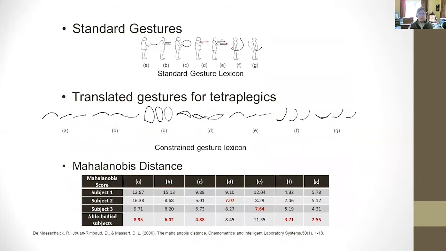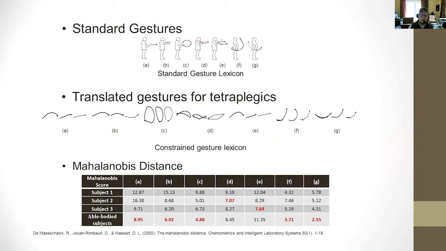So, for instance, we have a top row, we have standard gestures, A through G, typical gestures, lexicon, and then we have the translated gestures for tetraplegics due to spinal cord injury. As you can see, the lines are more curved for tetraplegics doing that specific gesture.